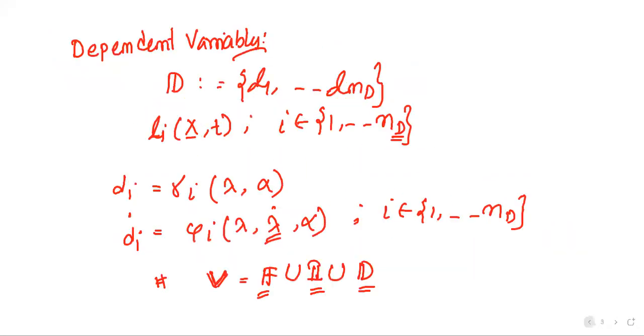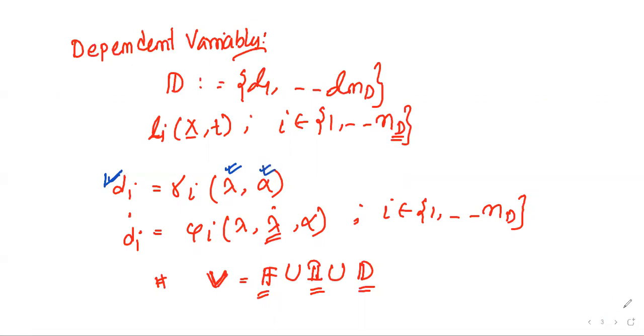Here we can see that we have a potential psi, which is a dependent variable, sorry, my bad. If you go to previous slides, we can see that the form of the dependent variable is such that it depends on the current state of the free variable and the current state of the hidden variable.